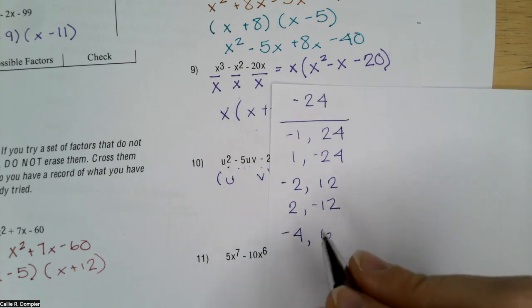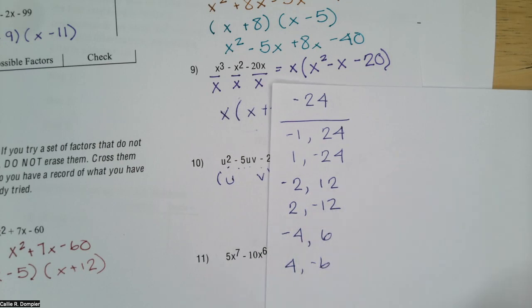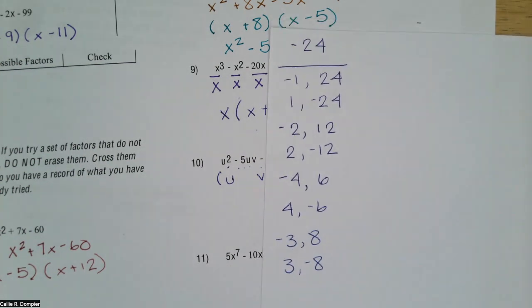Shouldn't use my calculator for that, but I did. And then those are all the factors of 24, right? Oh, there's 3. Negative 3 and positive 8, and then positive 3 and negative 8. All right. Those are my factors of negative 24.